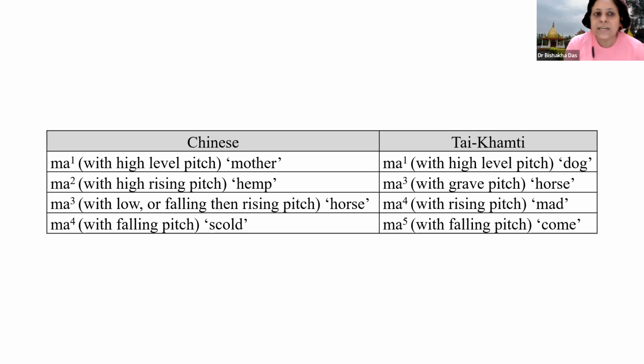And if I say ma with a low dipping pitch, described as falling then rising, ma, it's horse. And if I say ma with falling pitch, ma, then it is scold.